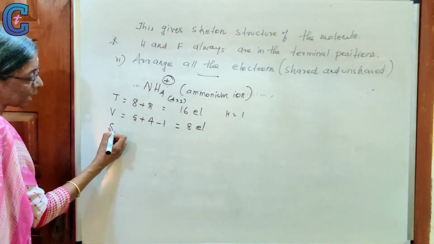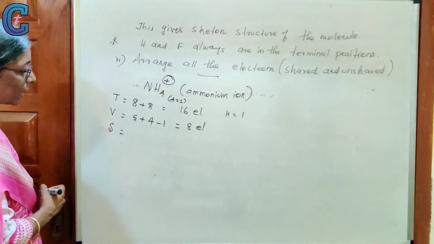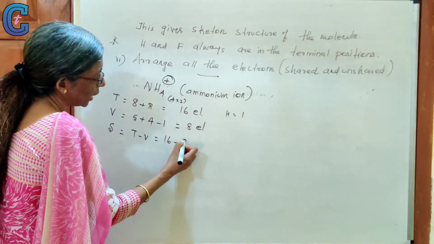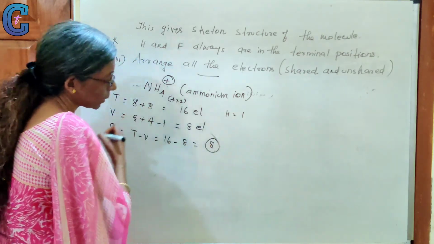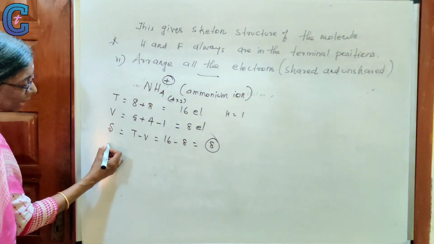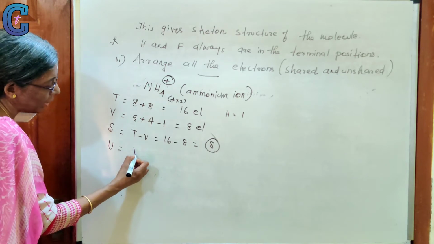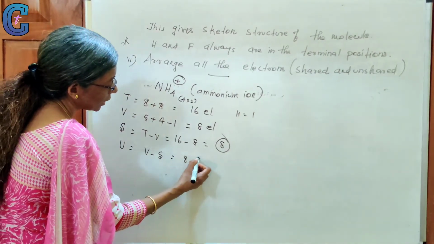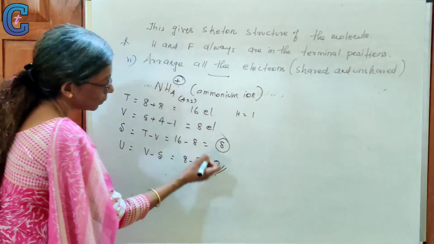Okay, then shared electrons: T minus V, so 16 minus 8 is equal to 8. Next, unshared electrons: V minus S, that is 8 minus 8 is equal to 0.